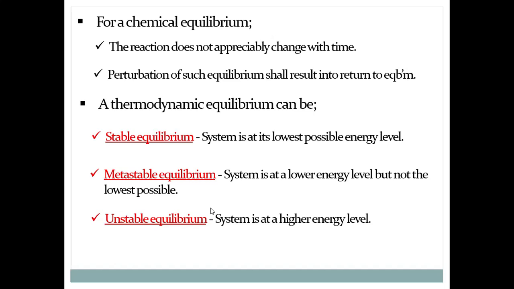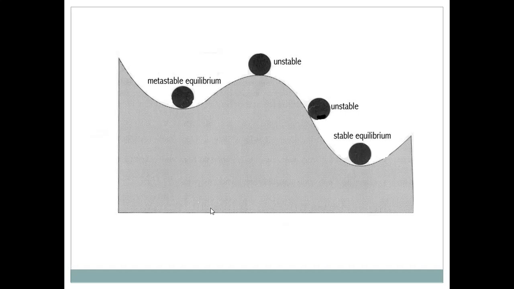Then metastable when it's halfway between the top of the tree and the ground, then it will attain stable equilibrium when it finally hits the ground. So we can take an example of that picture. We see the metastable equilibrium. When it's at a higher energy level, it's unstable. It's still unstable because it's at a higher energy level. Then finally it attains stability when it reaches down.